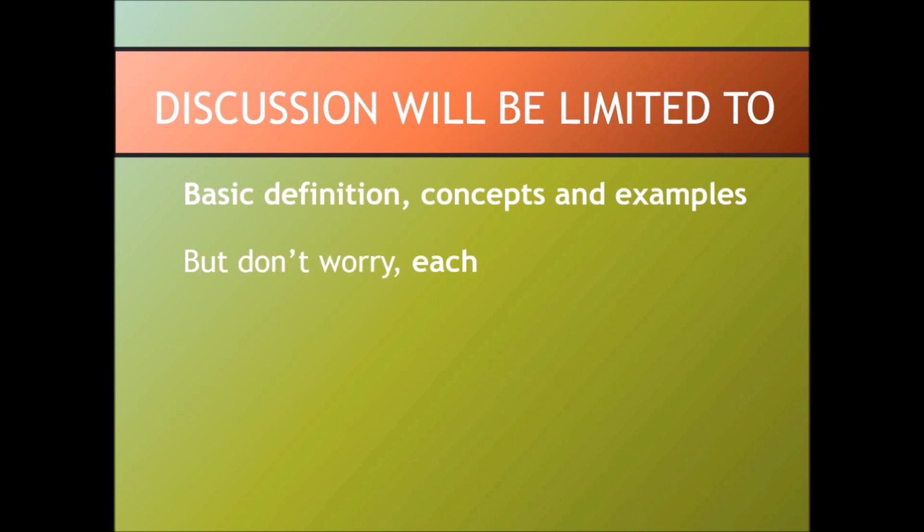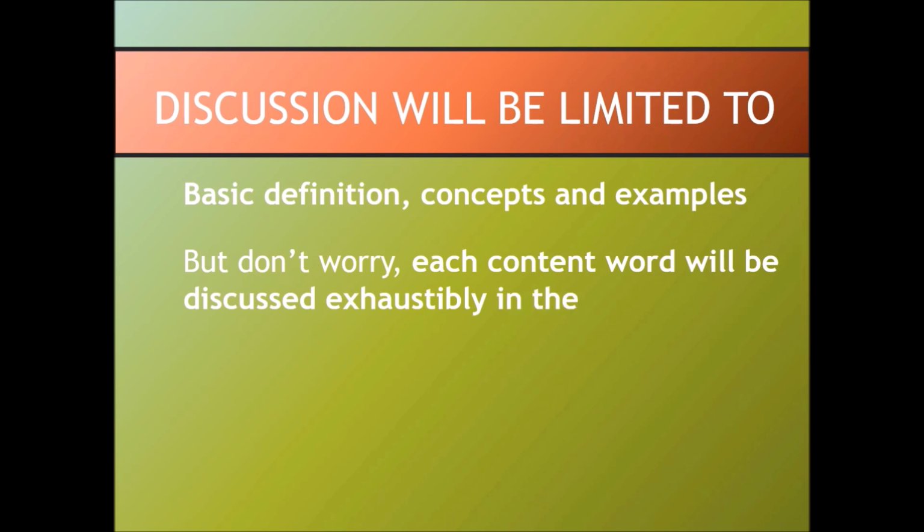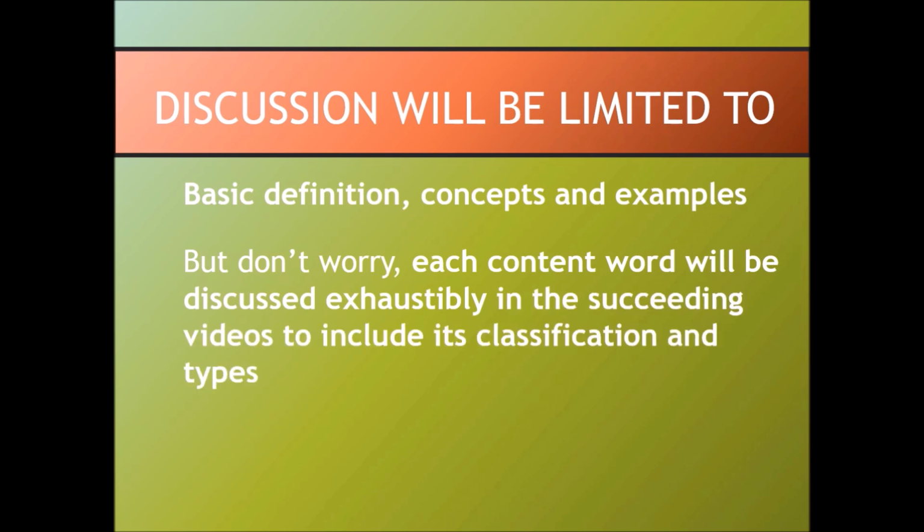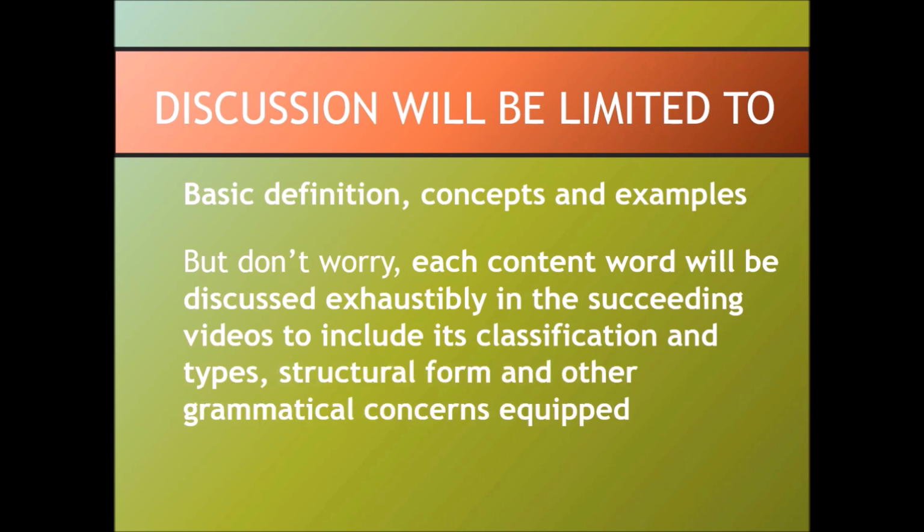But don't worry, each content word will be discussed exhaustively and the succeeding videos include its classification and types, structural form, and other grammatical concerns equipped with tasks and activities to answer.